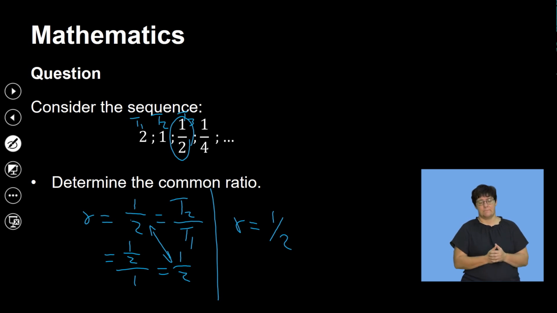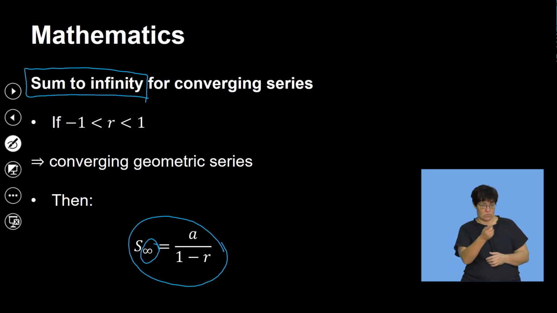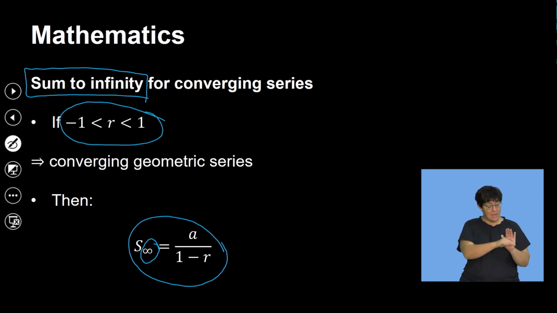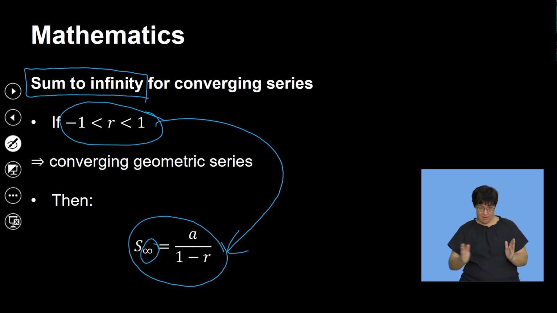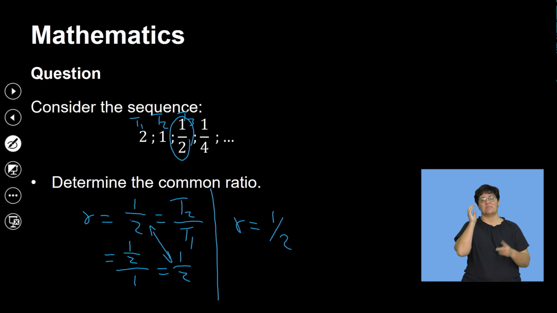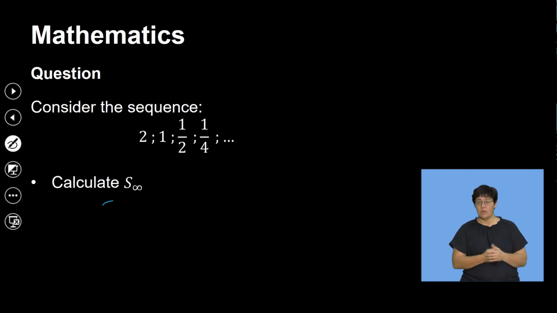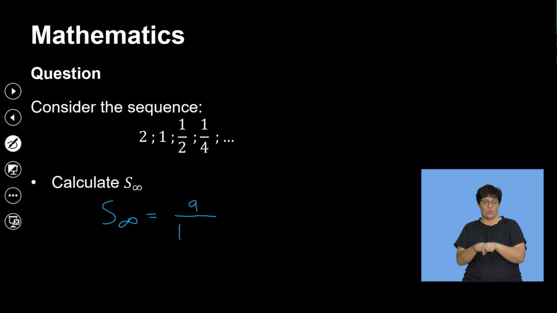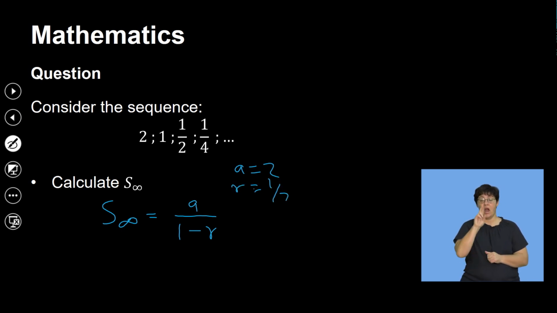Now, let's go back. What did we say? Only if the r value is between -1 and 1 can I use the formula. So is it? Because I got 1/2, it does lie between -1 and 1. Therefore, I can find the sum to infinity. It will be equal to a over 1 minus r. Remember, the a value is 2, the r value is 1/2.